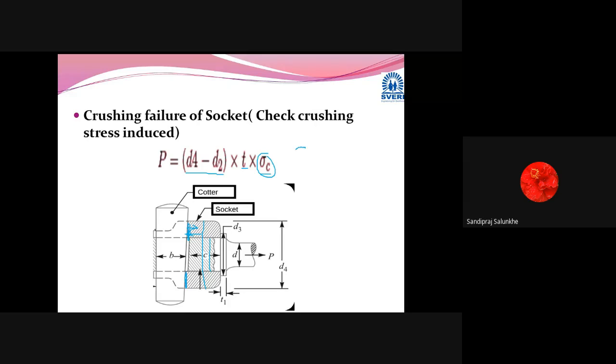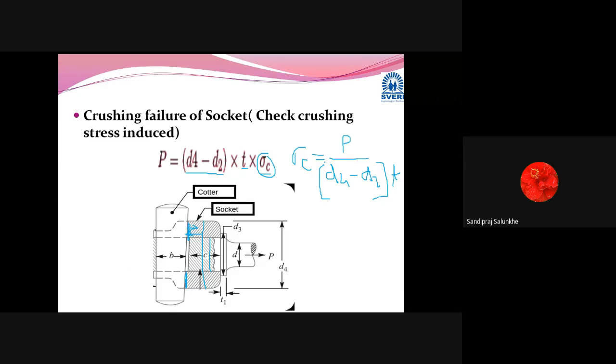If you want to calculate this crushing stress, the formula is sigma C equal to force divided by area, where crushing is considered as compression only. Area is D4 minus D2 multiplied by T, the thickness of the quarter.